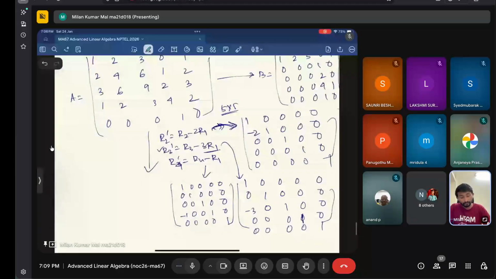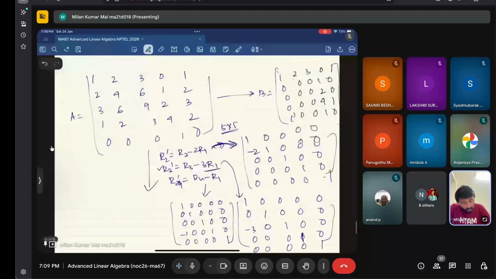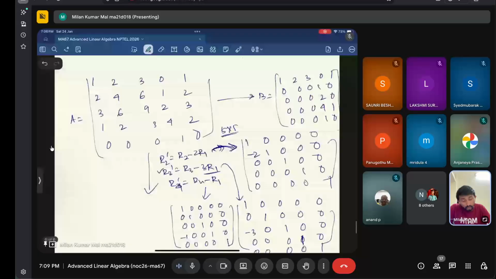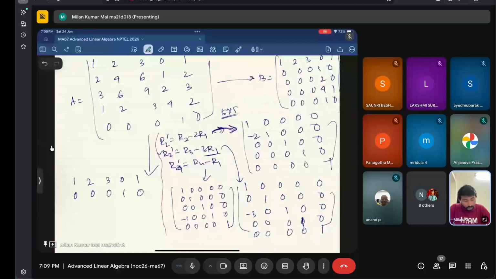So it is 1 2 3 0 1, and we multiply row 1 by 2 and subtract it from row 2, so that will be 0 0 0 1 and 0. Next, multiply row 1 by 3 and subtract it from row 3, that is 0 0 0 2, 0 again. Then subtract just one row 1 from row 4, and the last is as it is.